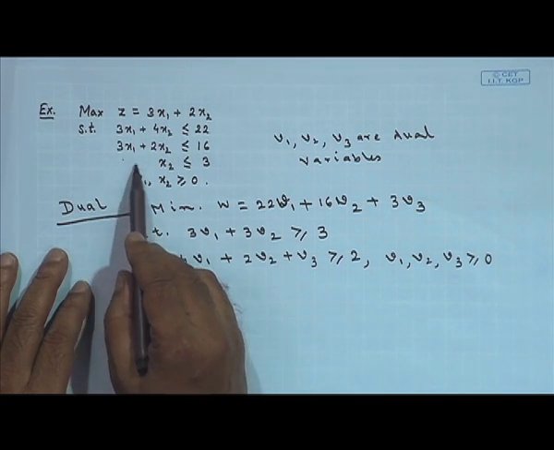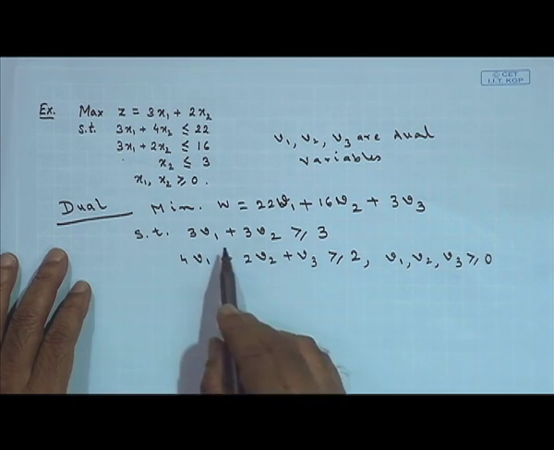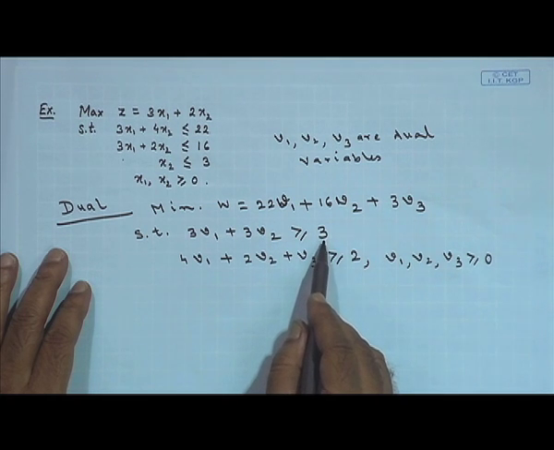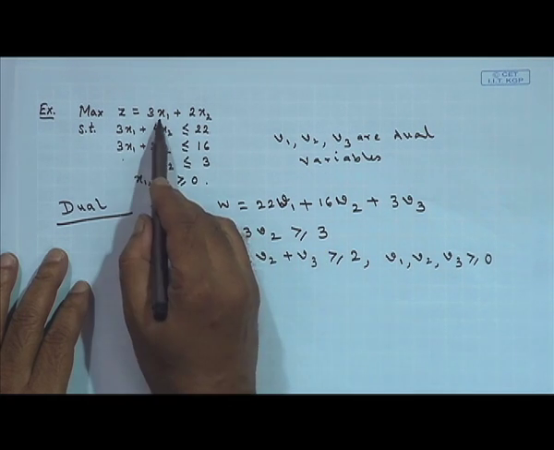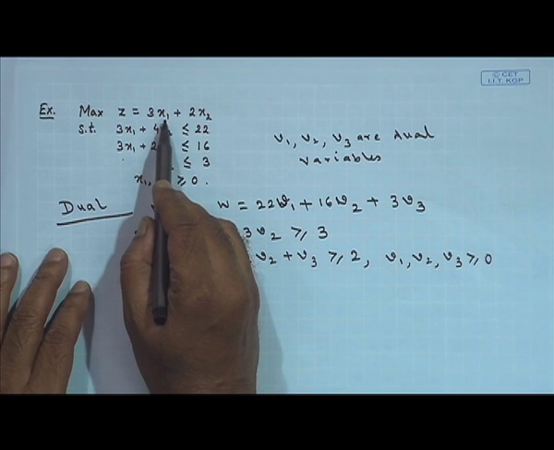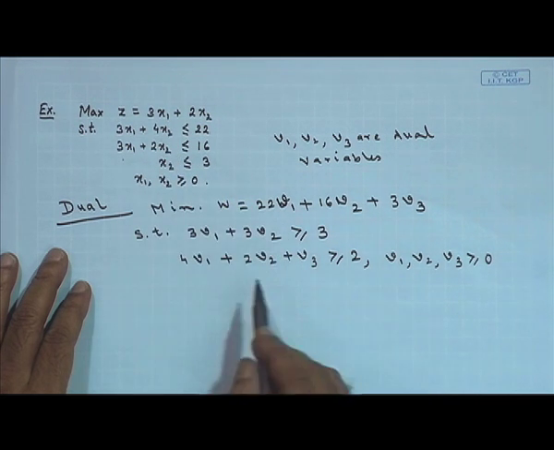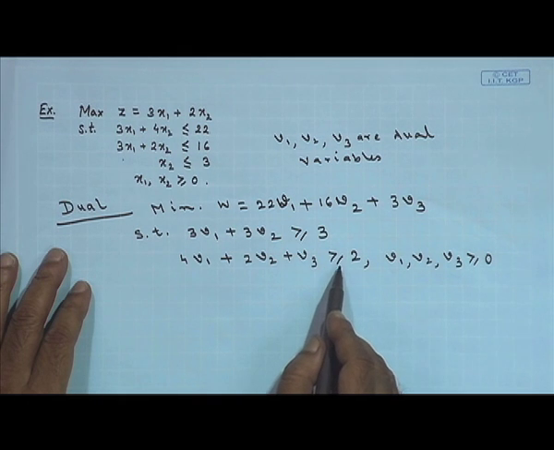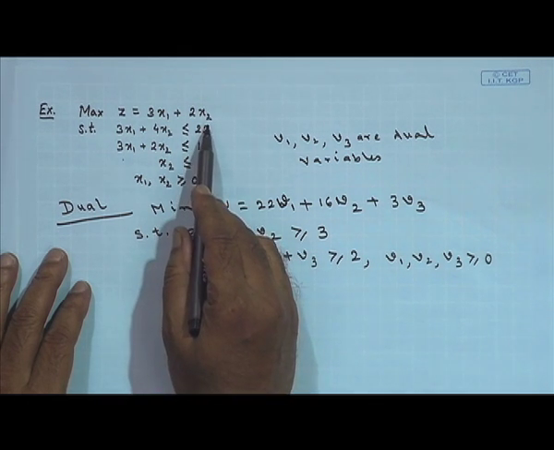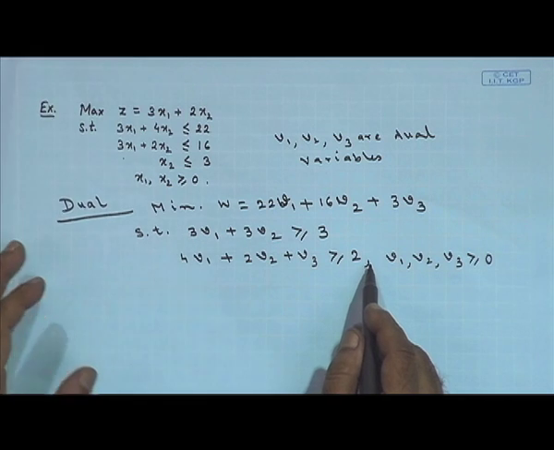For the third constraint the coefficient of x1 is 0. So 3 V1 plus 3 V2 greater than equals 3. This 3 comes as the coefficient of x1 in the objective function is 3. Similarly, you take the second column, that is 4 V1 plus 2 V2 plus V3, which is greater than equals the coefficient of x2, that is 2, in the objective function.